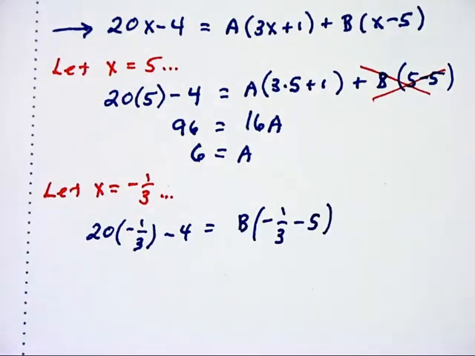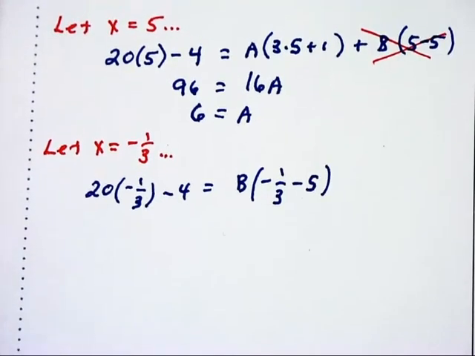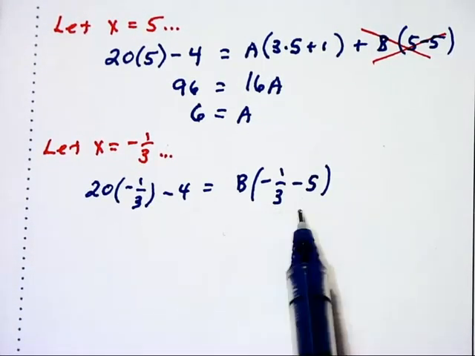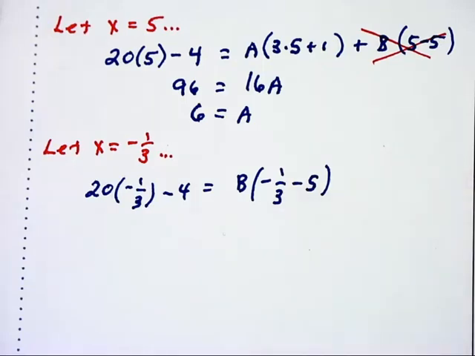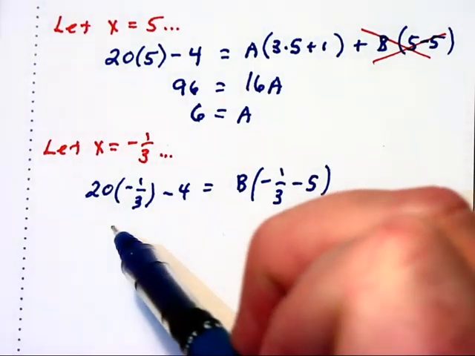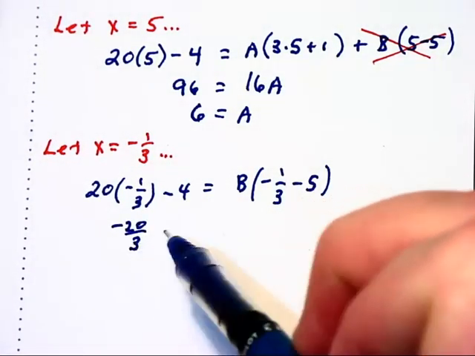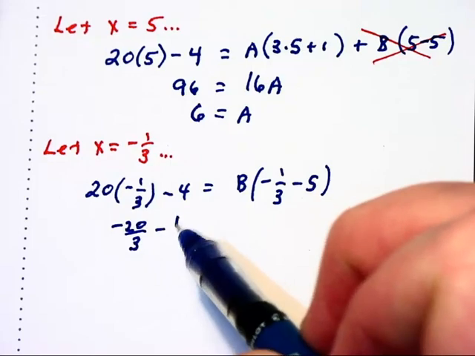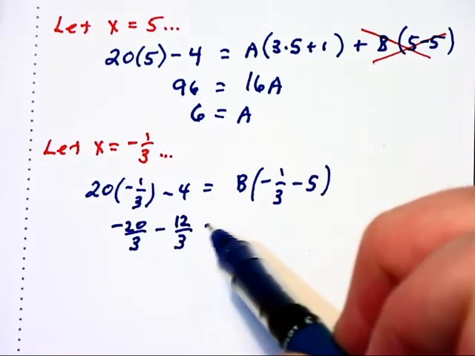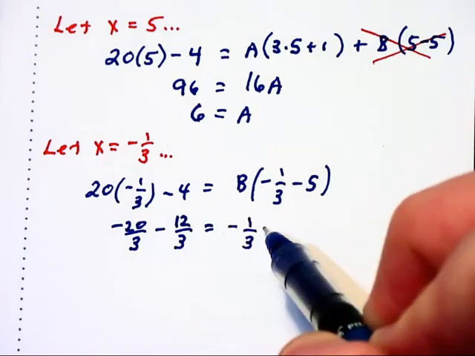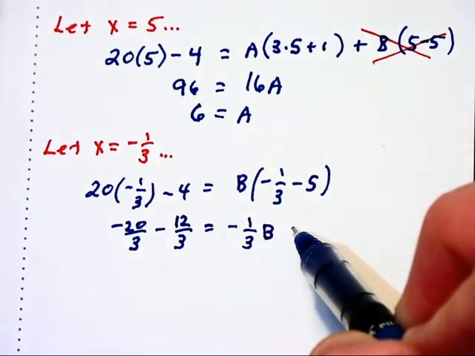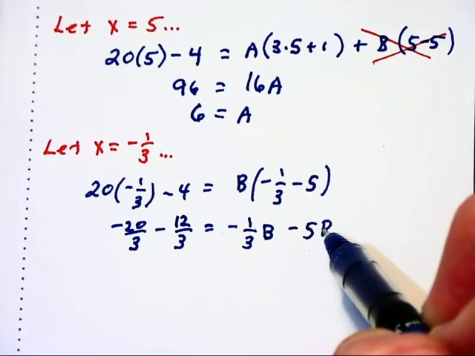Now if you look closely at this equation, all we really have are numbers and the single variable B. So I'm going to choose now to multiply, actually let's do the distribution first. Let's make this negative 20/3 minus 12/3 equals negative 1/3 B minus 5B.